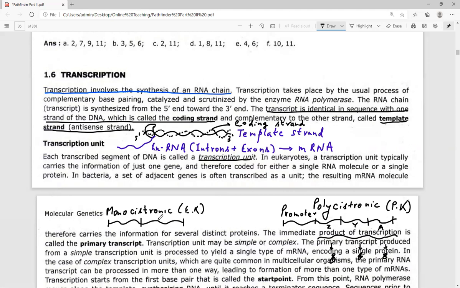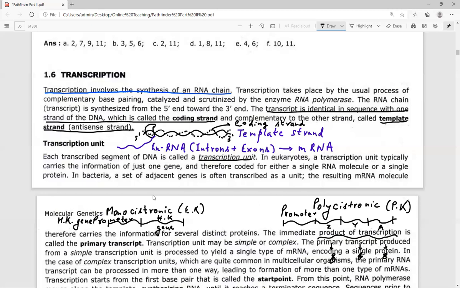Supposedly there is a hexokinase gene present in eukaryotes. The hexokinase gene will only have a single promoter. This is the hexokinase gene promoter. A single promoter is present, and that is referred to as monocistronic in nature.